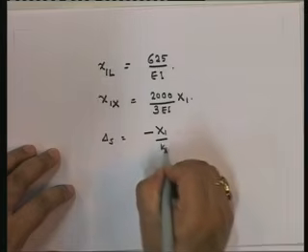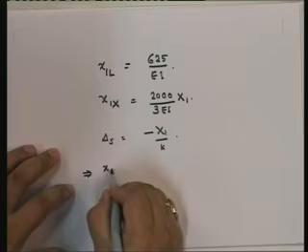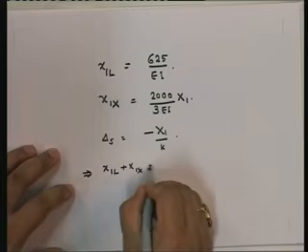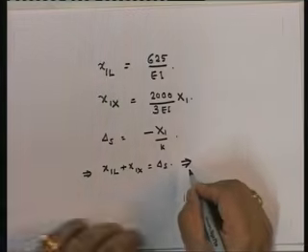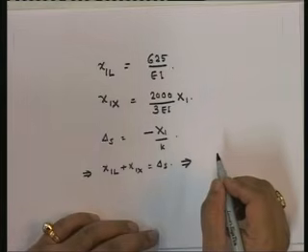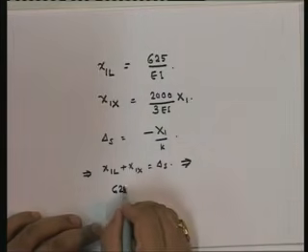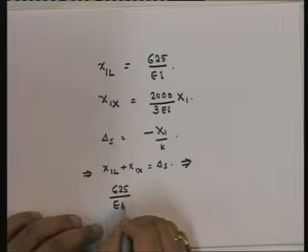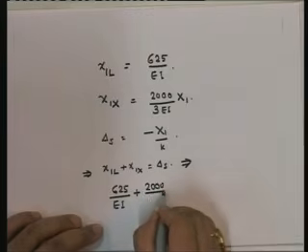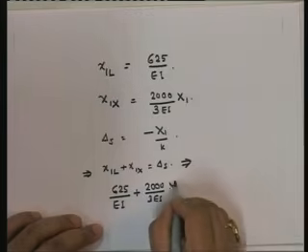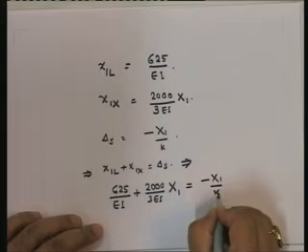Minus x1 upon k, and therefore by putting that into the compatibility condition, which is x1L plus x1S equal to delta S, what we get over here is 625 upon EI plus 2000 upon 3 EI into x1 is equal to minus x1 upon k.